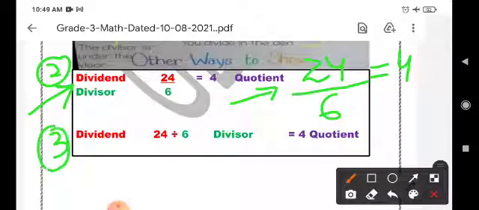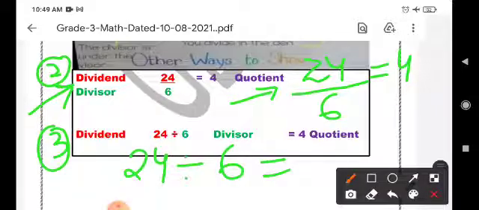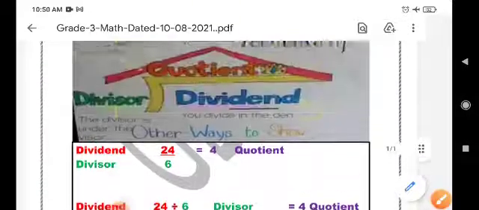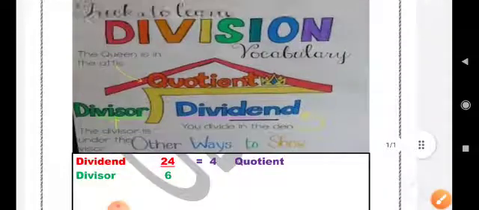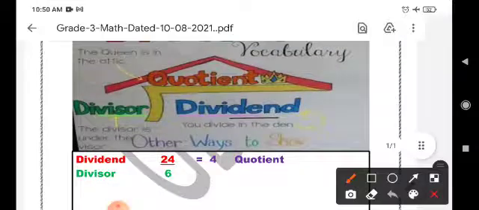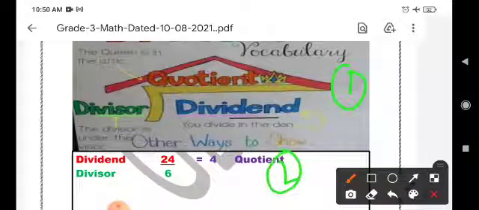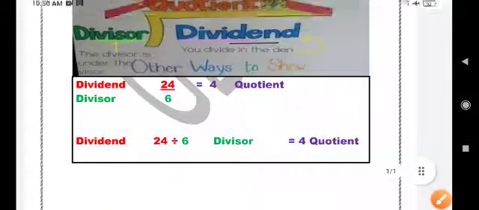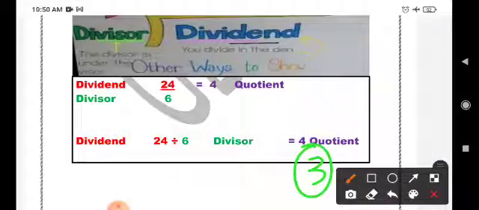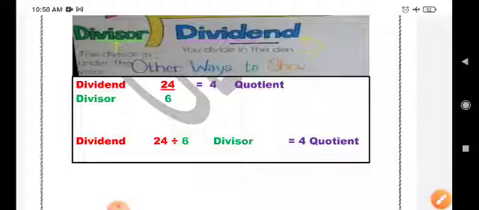And the third way of showing it is dividend divided by divisor: 24 divided by 6 is equal to 4. 24 is the dividend, 6 is the divisor, 4 is the quotient. So we learned 3 ways today of division vocabulary, how to depict division.